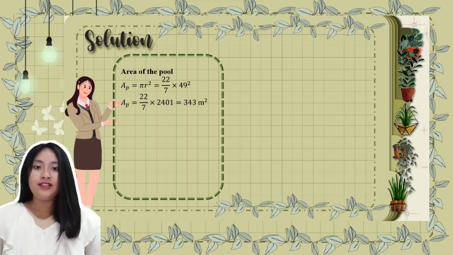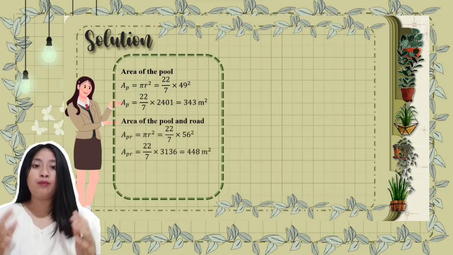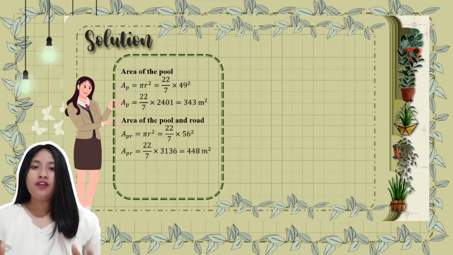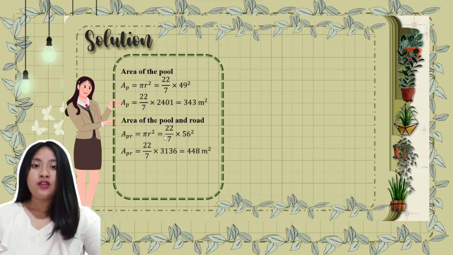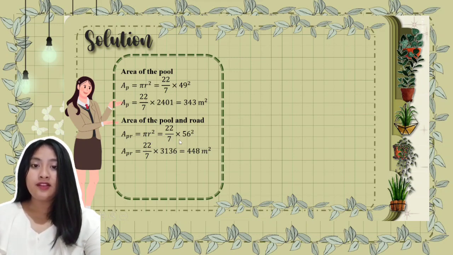After we find the area of the circular pool, next we find the area of the pool and the road. The area of the pool and road equals pi times R squared, which equals 22/7 times 56 squared. 56 we get from 49 plus 7.